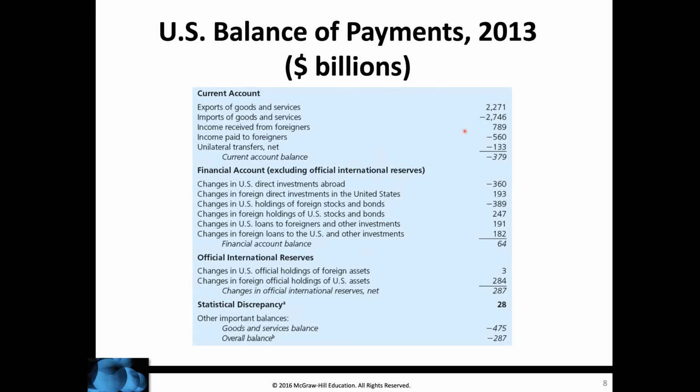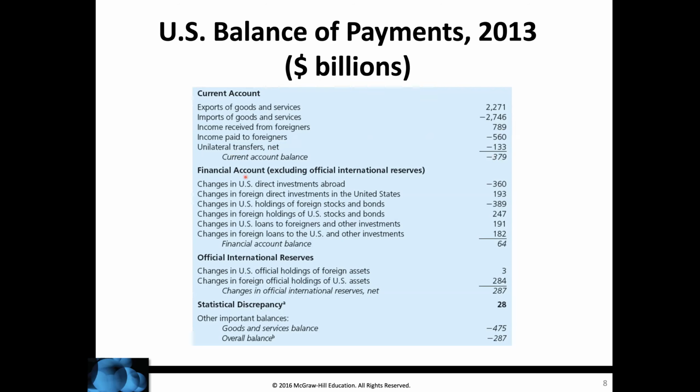So you can see for the US in 2013, we exported 2.2 trillion in exports of goods and services. We imported 2.7 trillion goods and services, income received from foreigners, income paid to foreigners, and unilateral transfers, the net. So our current account balance is negative, which means more is flowing out than flowing in.